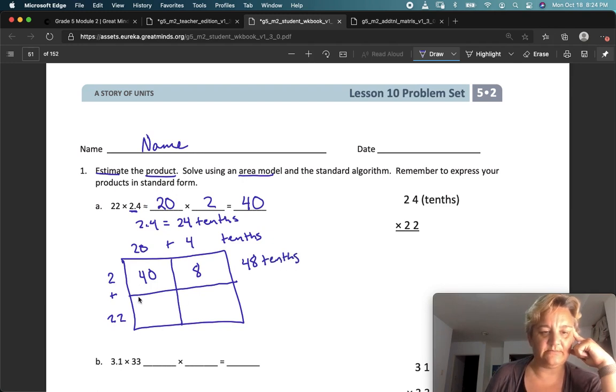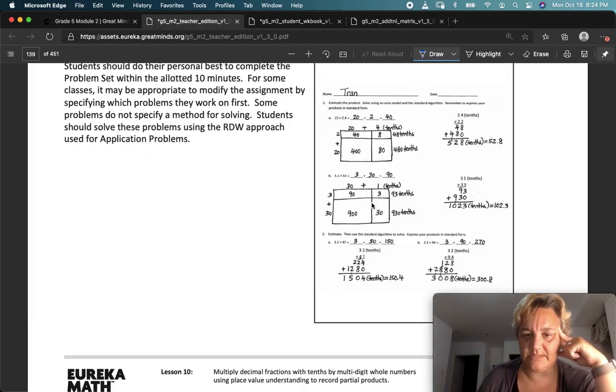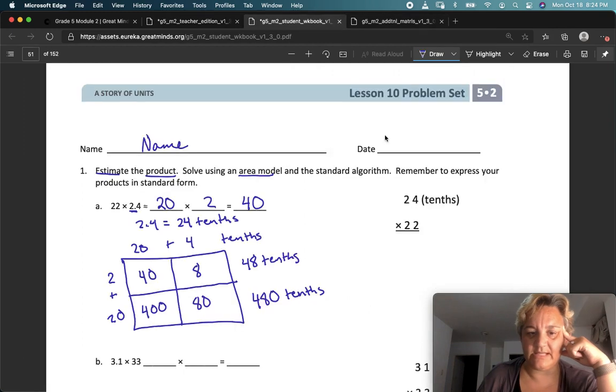Next, oh, I'm sorry, this is 20, isn't it? 20 times 20 is 400, and 4 times 20 is 80, and that gives me 480 tenths. I just want to make sure that I'm doing what they're doing. Yes, okay.